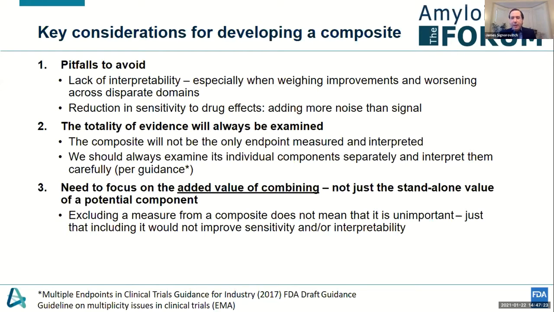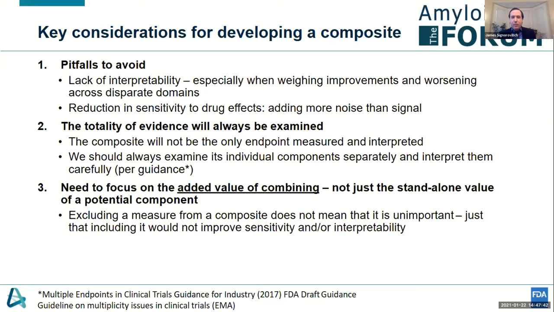Another thing to keep in mind that can really help frame some of the discussions around composites is they're not the end all be all. We're not trying to come up with one endpoint that will answer all the questions. We're always going to be looking at the totality of the evidence.